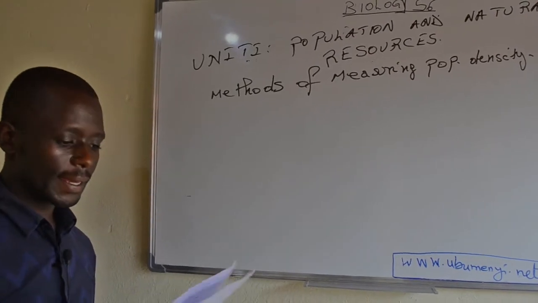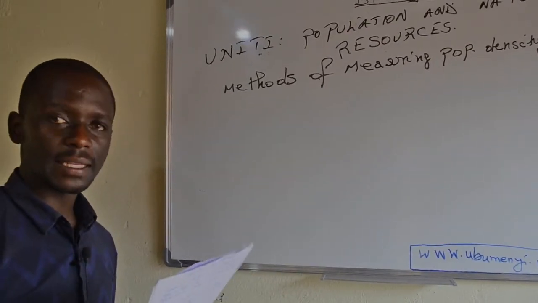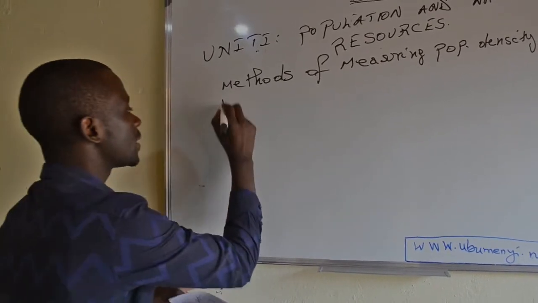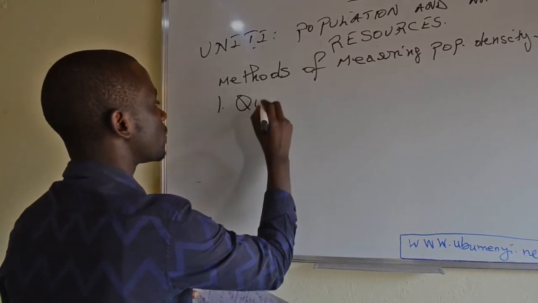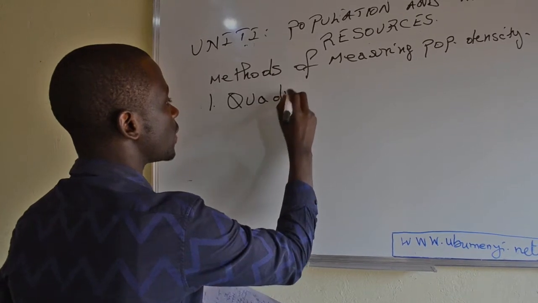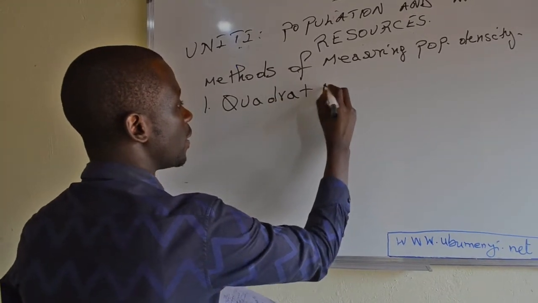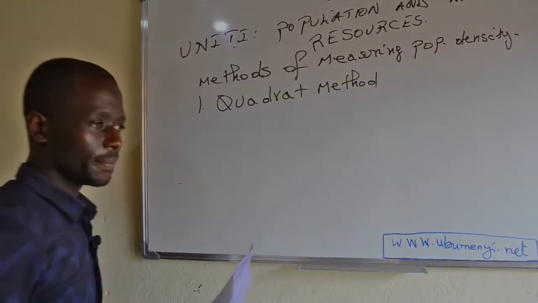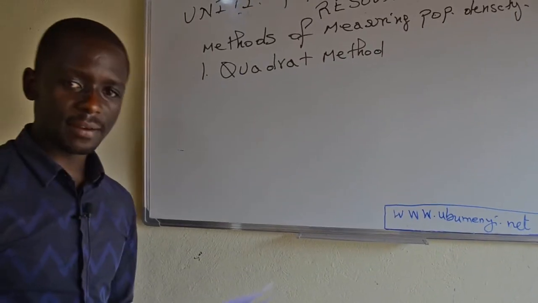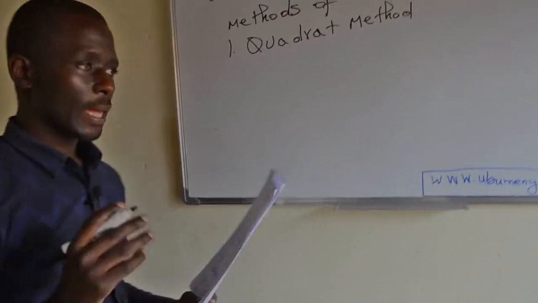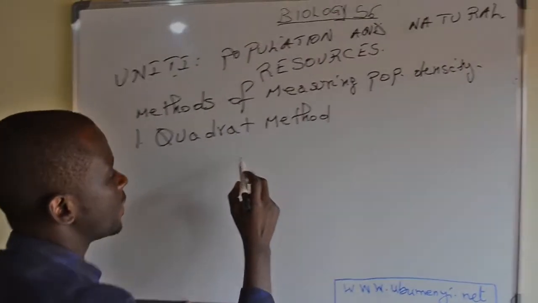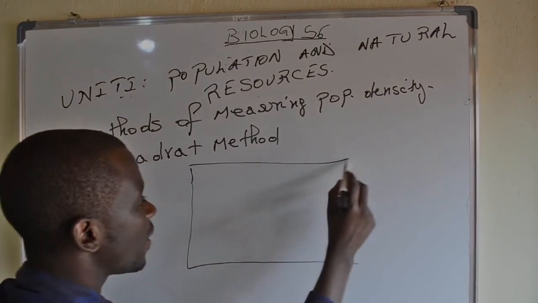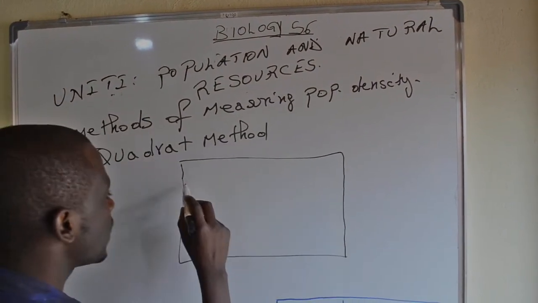The first technique is the quadrat method. What's a quadrat method? You take a small piece, rectangular or square.